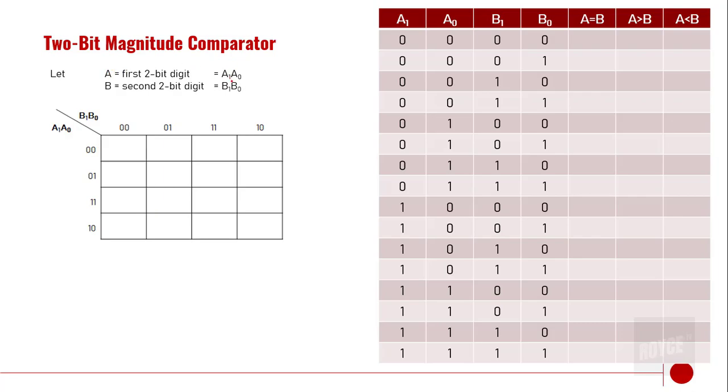So, we will be assigning this symbol, A sub 1 and A sub 0, with A sub 1 as the most significant bit of binary digit A, and A sub 0 as the least significant bit of binary number A. We have our second binary digit, which is B. So, dahil 2 bits din yan, we have it as B sub 1, B sub 0.